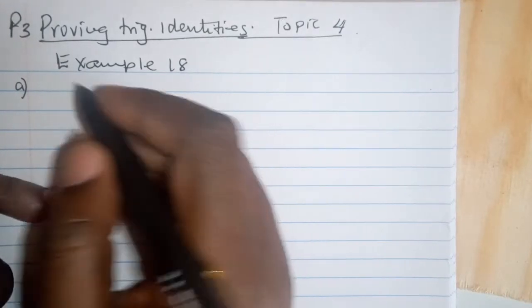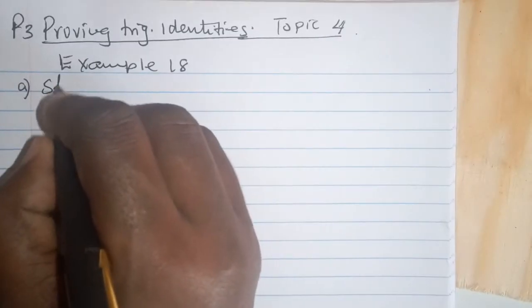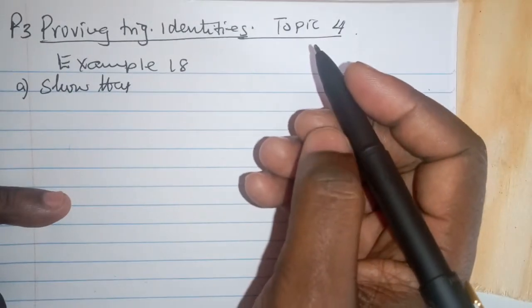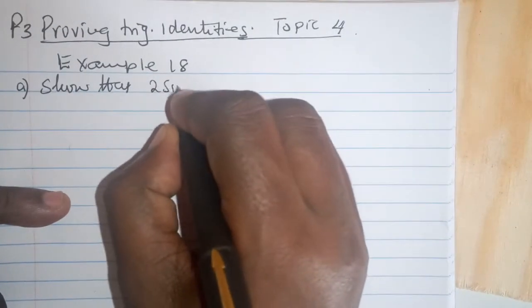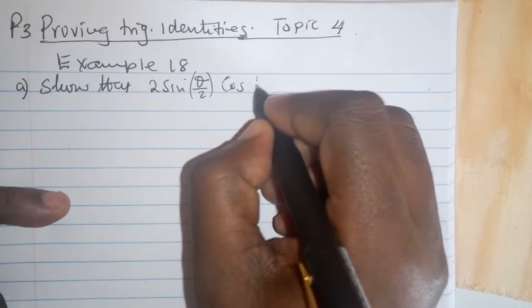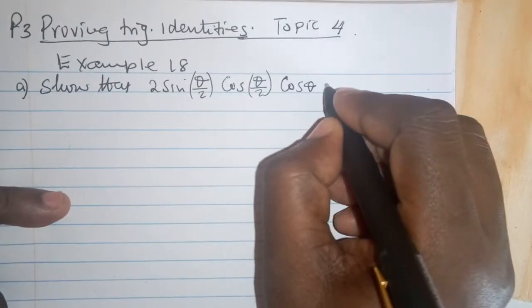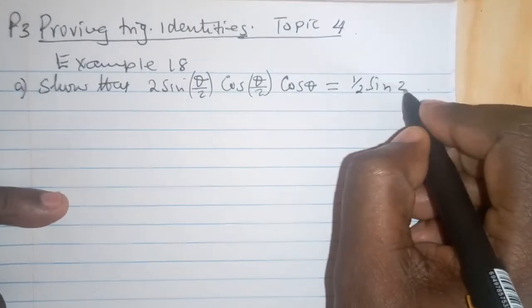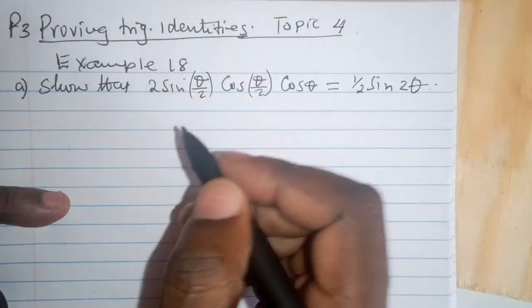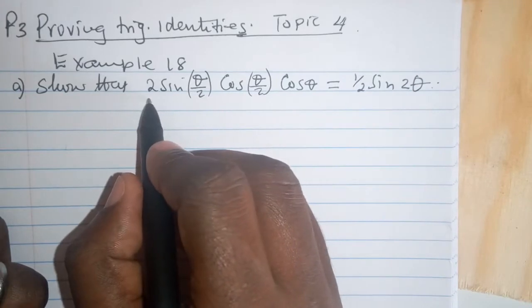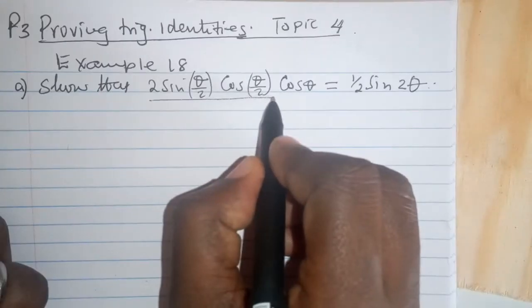In part A, we are supposed to show that 2 sine theta over 2 cosine theta over 2, multiplied by cosine theta, is equal to a half sine 2 theta. And of course, there is some familiar statement here.